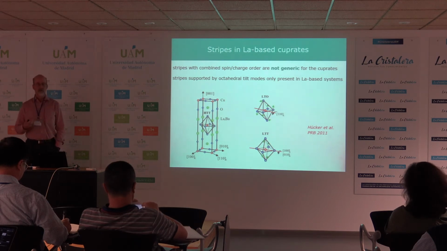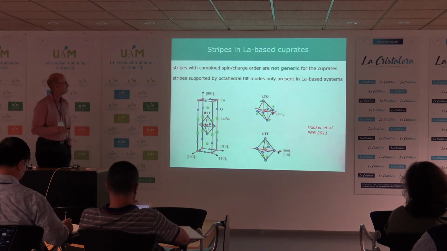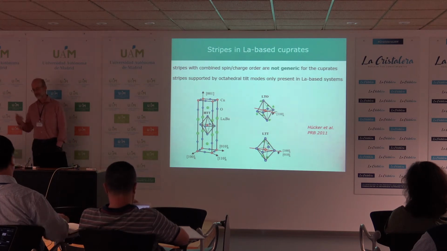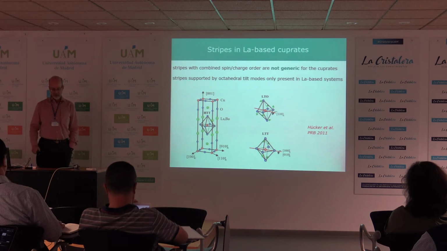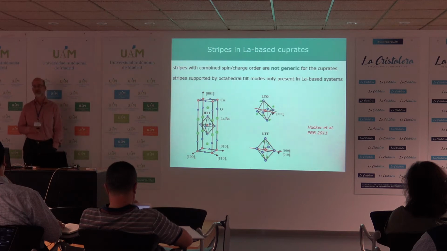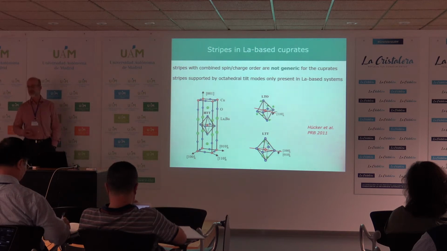Now later, of course, people were looking for this type of ordered state also in other cuprates to see whether this is a generic phenomenon. But it turned out that this type of stripe with coexisting spin and charge order is really almost exclusively seen in the lanthanum-based cuprates.